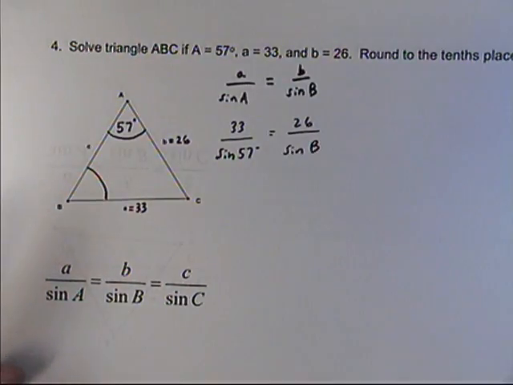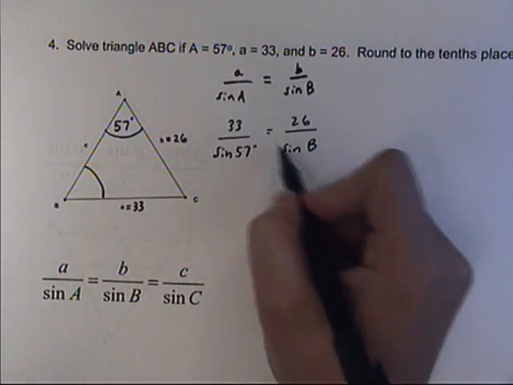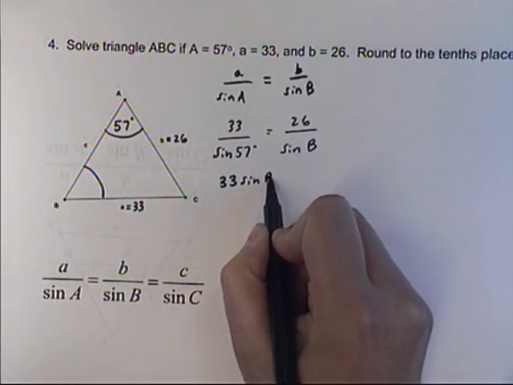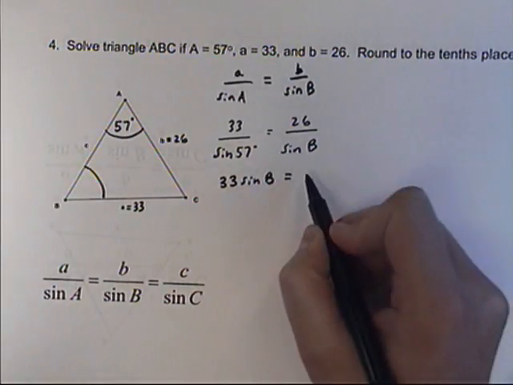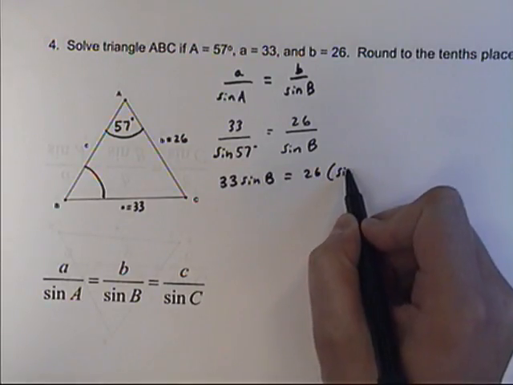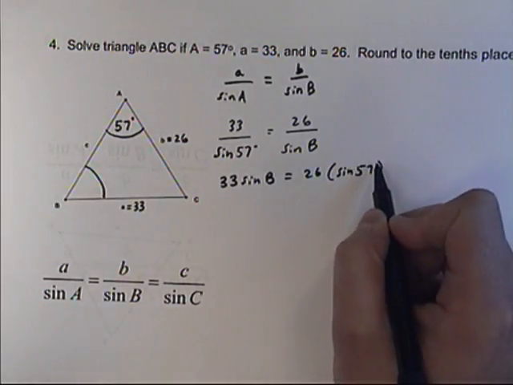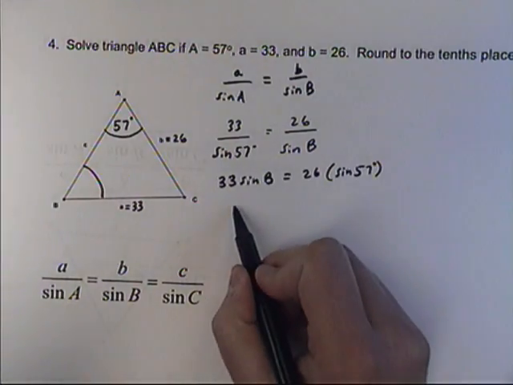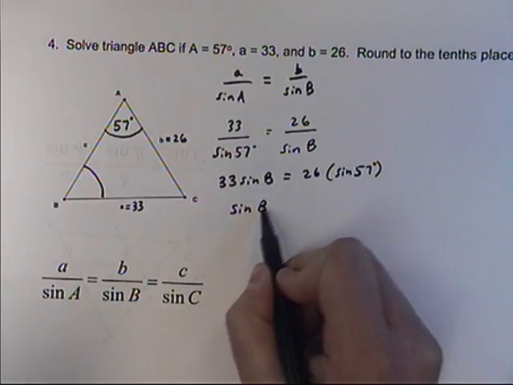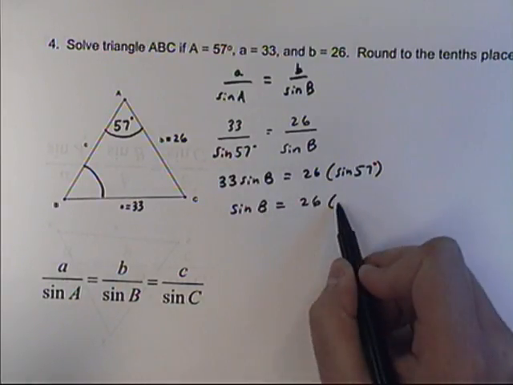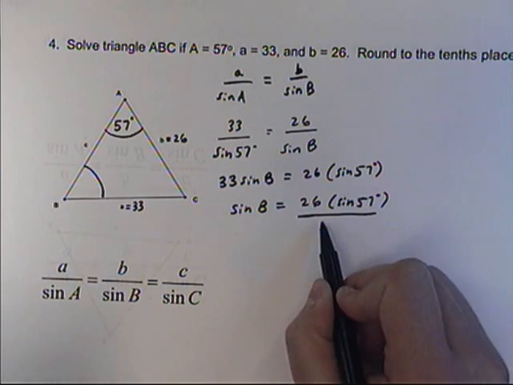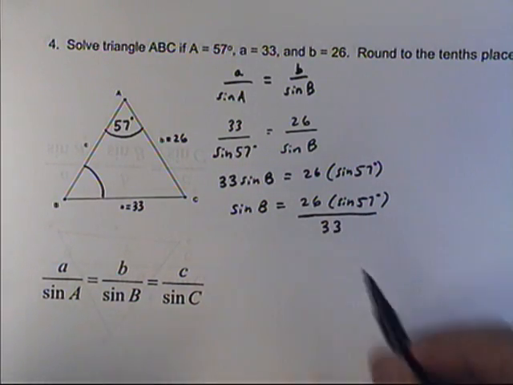All right, now the calculations of this one are going to be a little bit different. First, I'm going to cross multiply, so I'm going to multiply this way, so I get 33 times the sine of B. Then I multiply this way, which gives me 26 times the sine of 57 degrees. And then I just divide both sides by 33. So I have that the sine of B equals 26 times the sine of 57 degrees, all divided by 33. All right, so I'm going to go ahead and do that on my calculator.